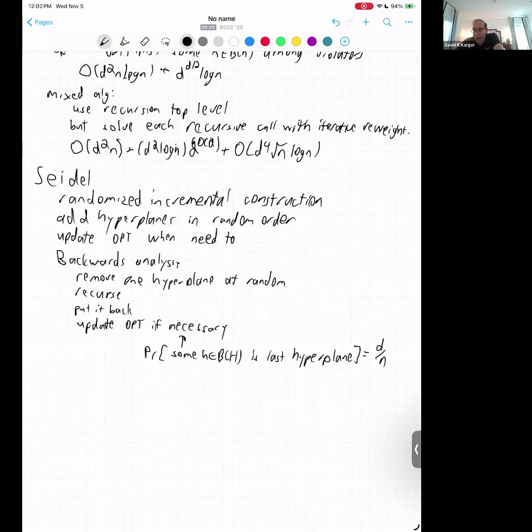Now, with Seidel's algorithm, since we only have one violating hyperplane, what do we know? We know it is, in fact, a part of the optimum basis. So when we update, we know that that last H is in the basis. How can we take advantage of that?